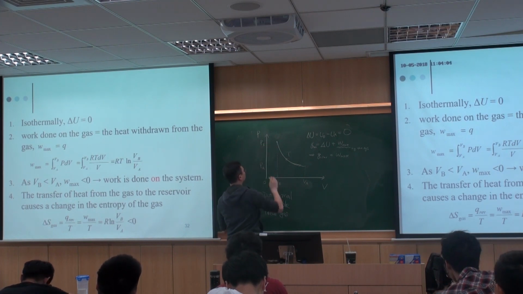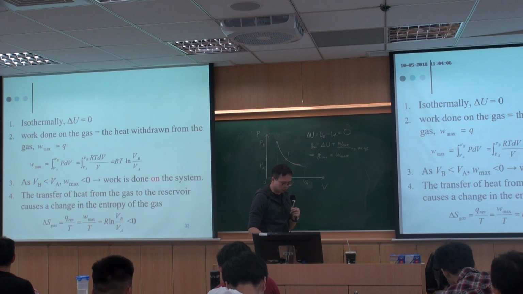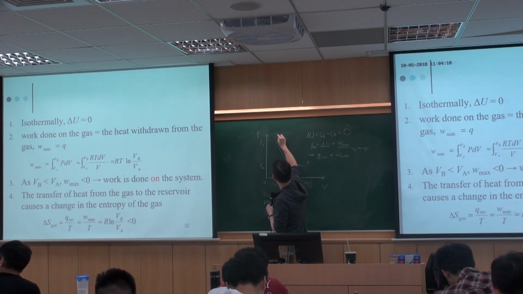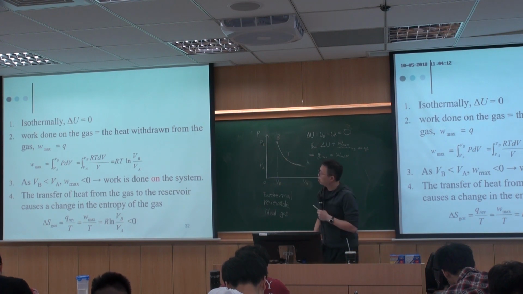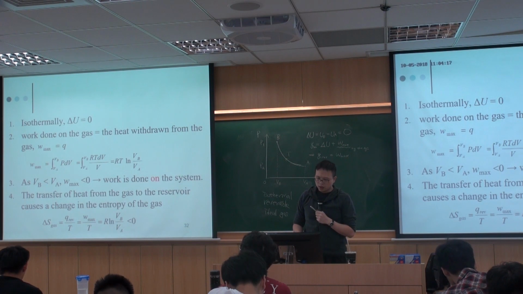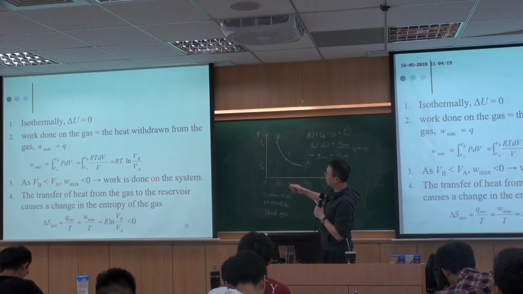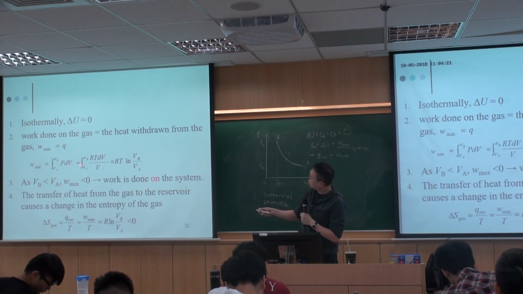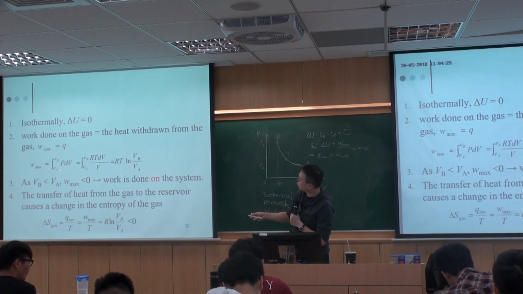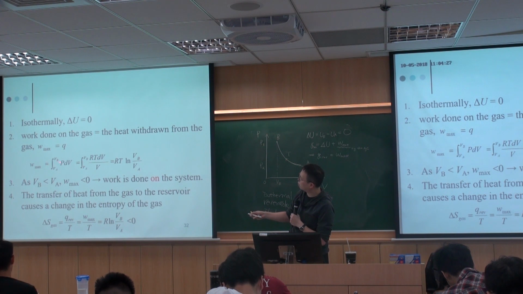Sorry about that. I should exchange these two states. So this is state A, this is state B, because this is a compression. So if we want to calculate the work, it's a PDV work, and originally the volume A is greater, and then we reduce that to volume B.